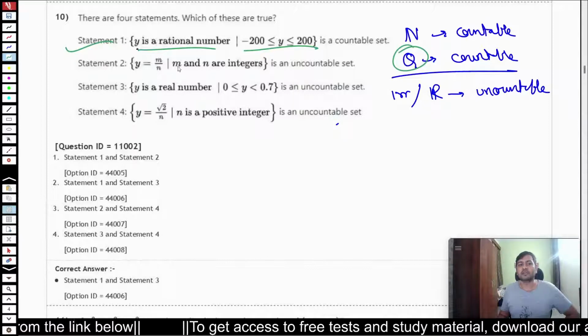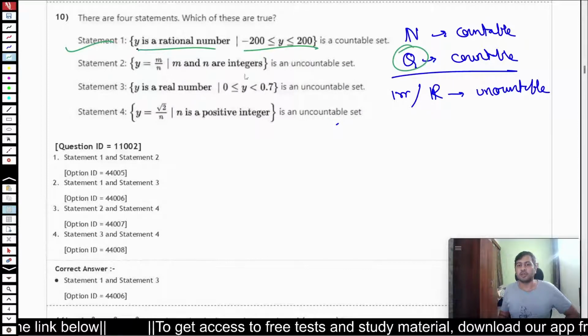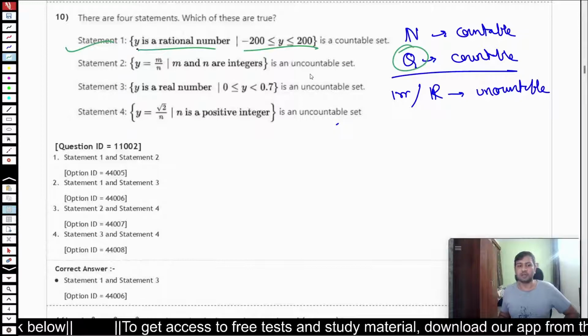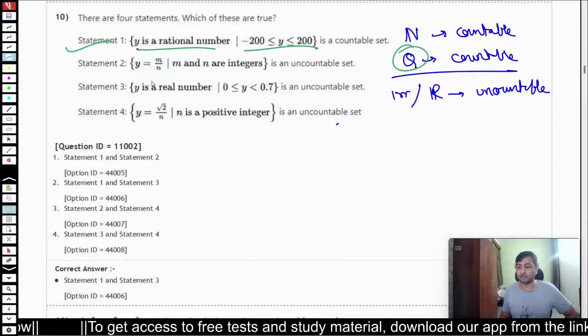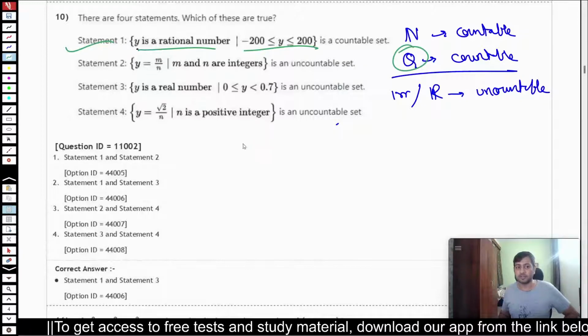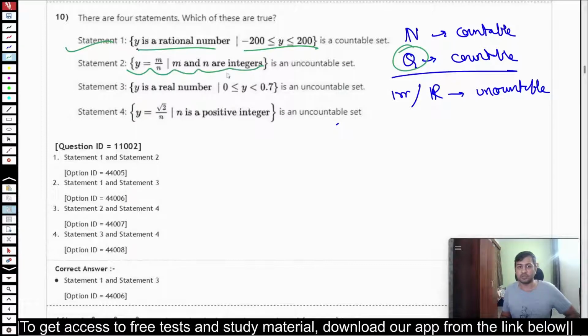Statement 2, y is m upon n where m and n are integers, is a countable set. अब यहाँ पे this is not the set of rationals. What is the definition of rationals? ठीक है. Statement 2 is not basically rational numbers.